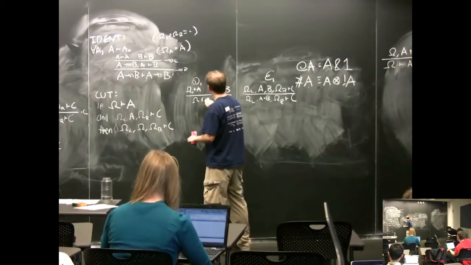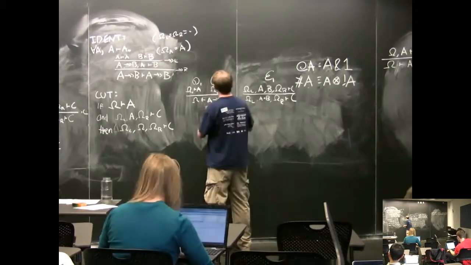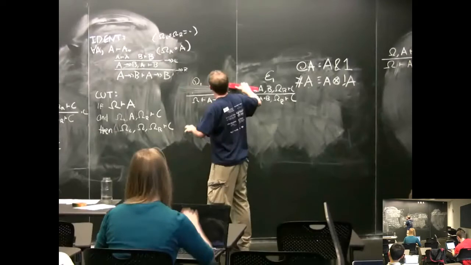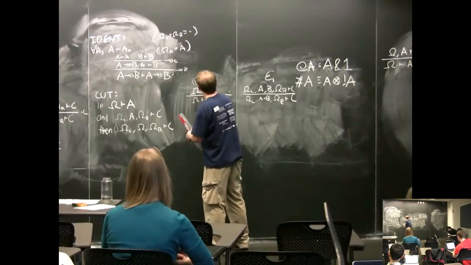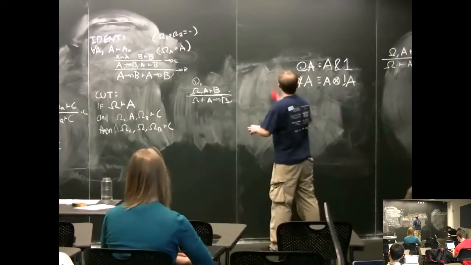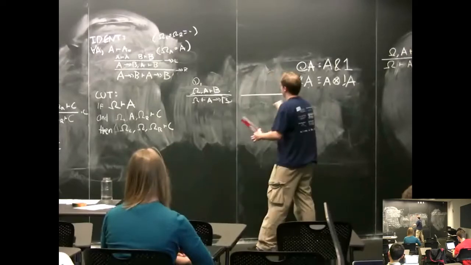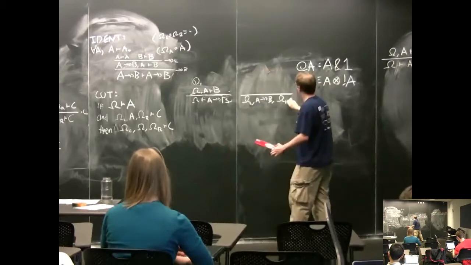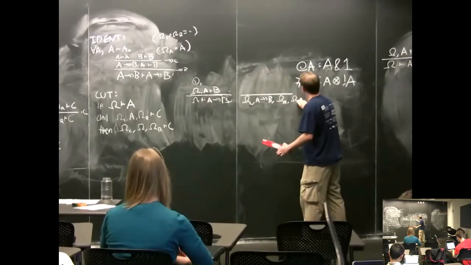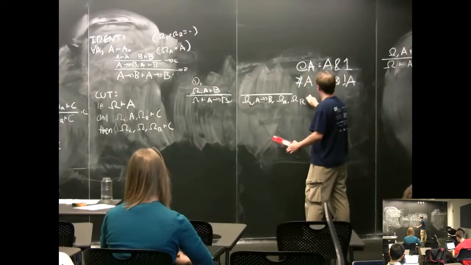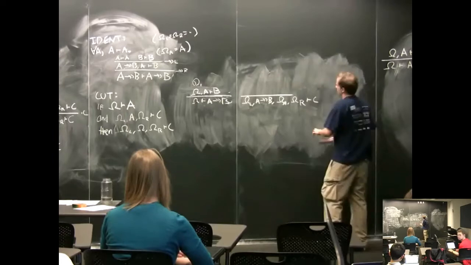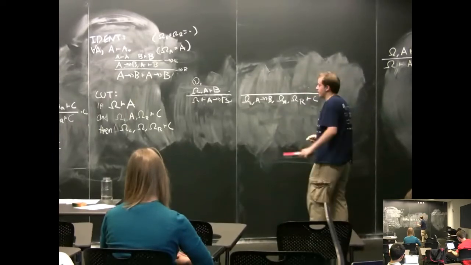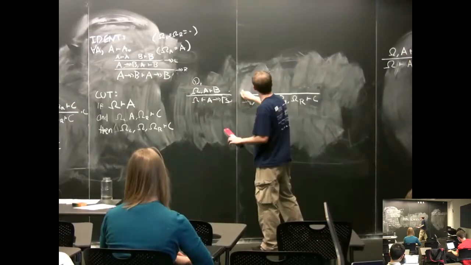All right, so let's prove A, B, and we've just got delta A proves B. And now we have a left rule, which is that A, B, omega A, omega right proves C. Okay.